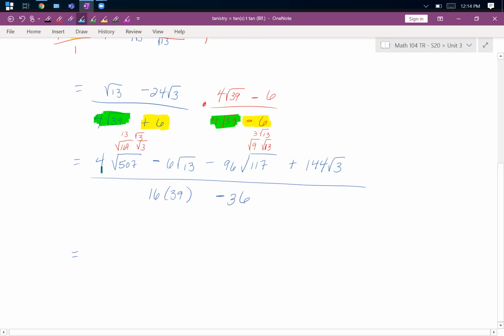So this numerator, we have 4 times 13 square root of 3. So that's going to be 52 square root of 3 minus 6 square root of 13. Now we've got 96 times 3 square root of 13.